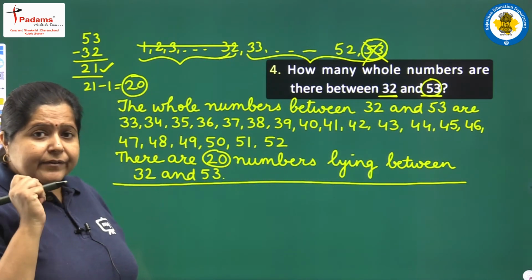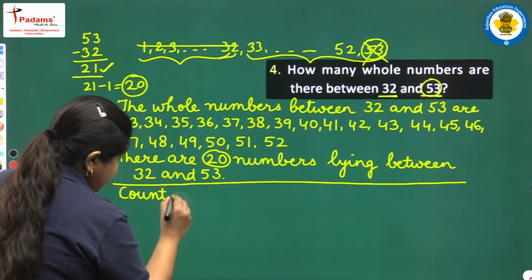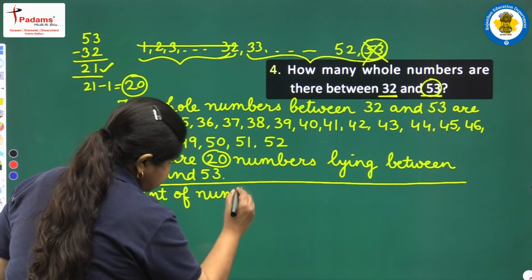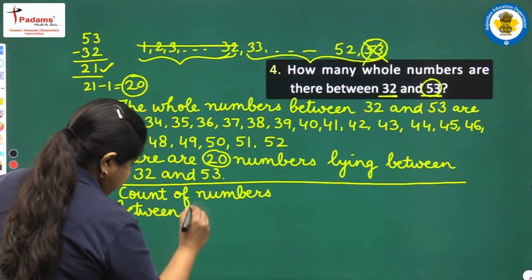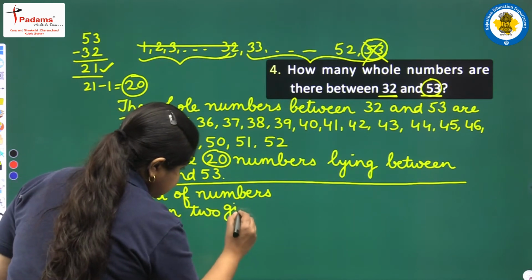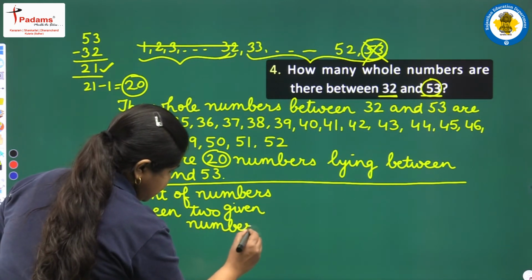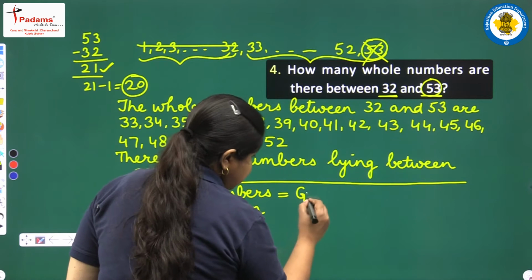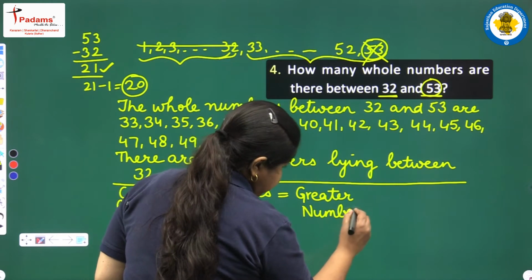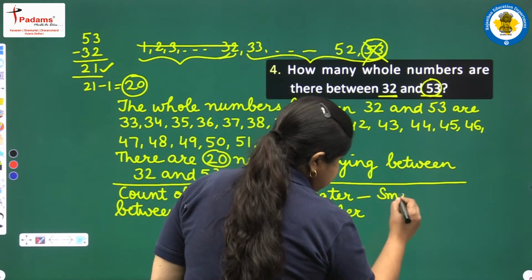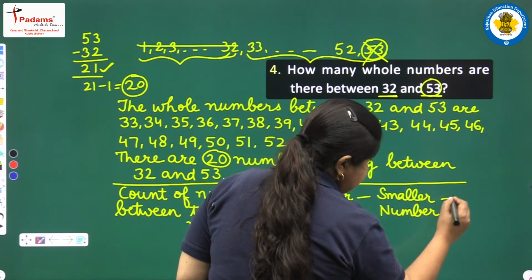Here we can derive one result, one formula, which is: count of numbers between two given numbers is equal to the greater number minus the smaller number and minus 1.